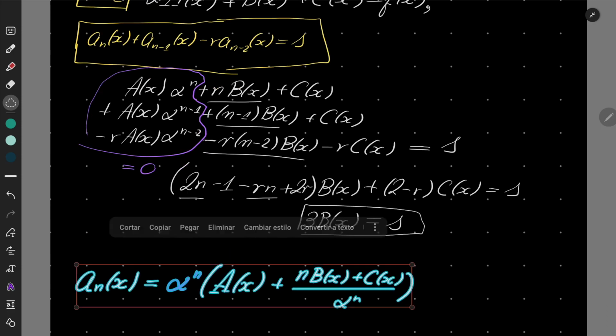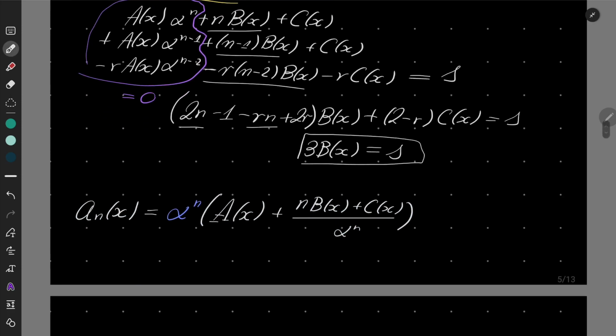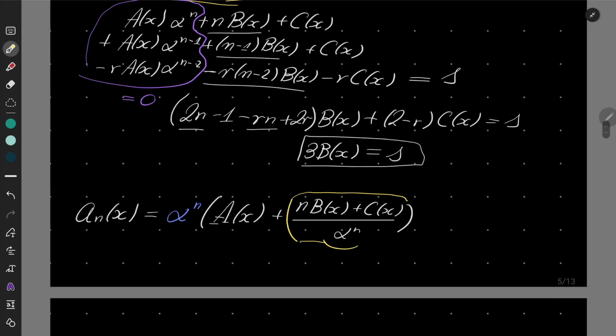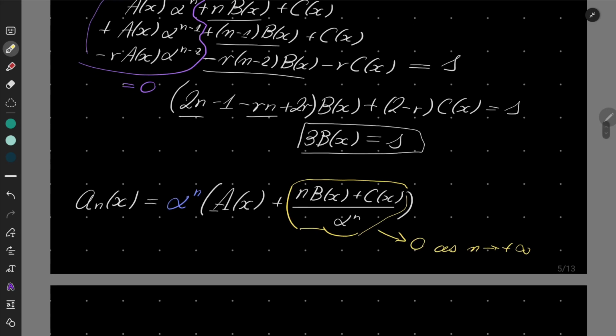And again, let's ask ourselves, can a(x) be non-zero? No, because of very similar reasoning. Here we have a polynomial, and here we have an exponential function with base of absolute value greater than 1. So this part right here goes to 0 as n goes to infinity. And this part again alternates between positive and negative values.